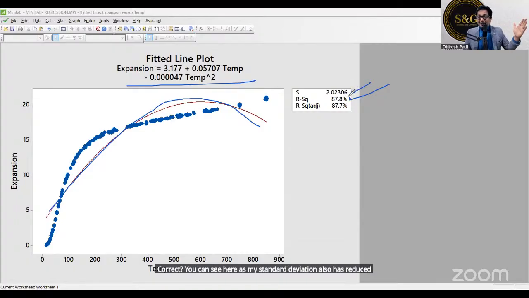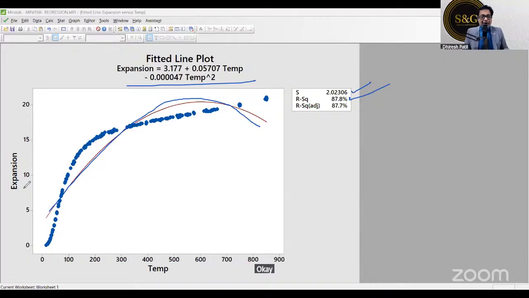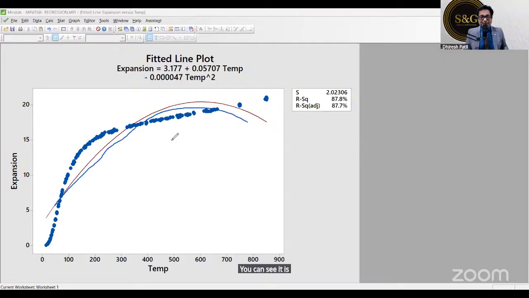Earlier it was around 3, now it has got 2.02. Now what is the equation here? This equation is different. Let me draw. This quadratic line is fitting even better. You can see it is fitting even better.